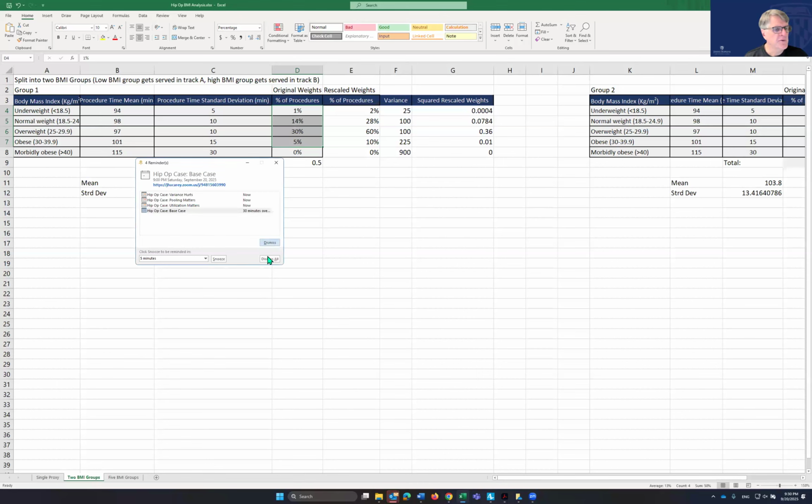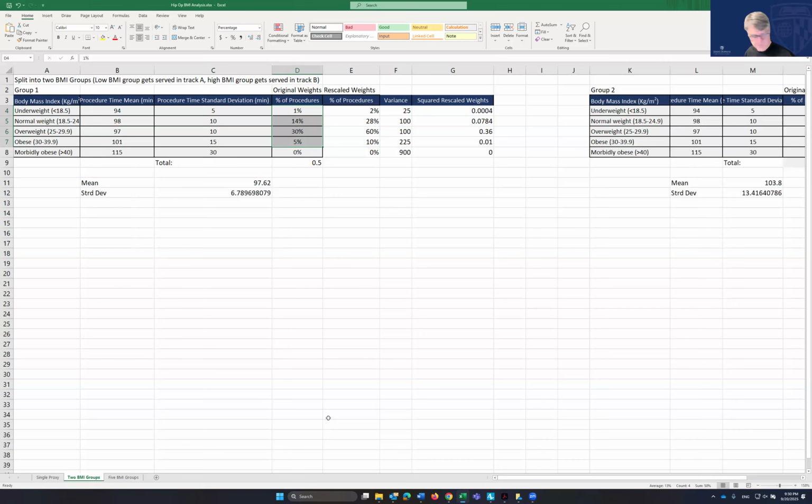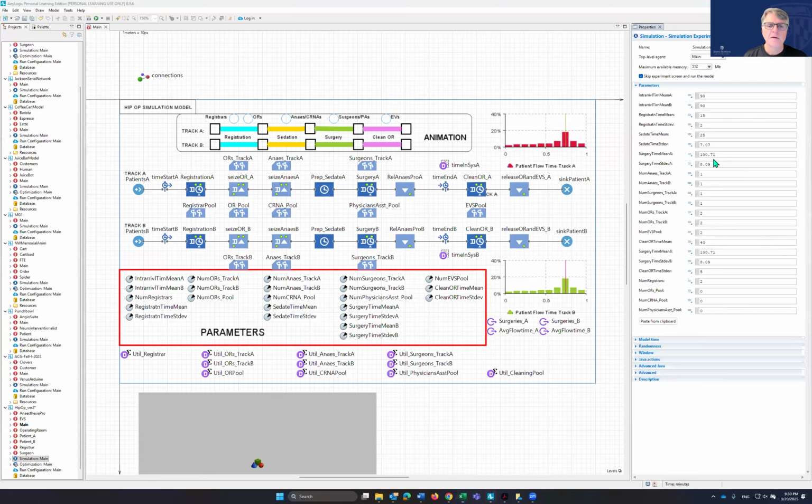So in fact, I want to use these numbers, 97.62 and 679 in track A. Let's just make a note of them. This one is 103.8 and 1342, let's say. Everything else remains the same.